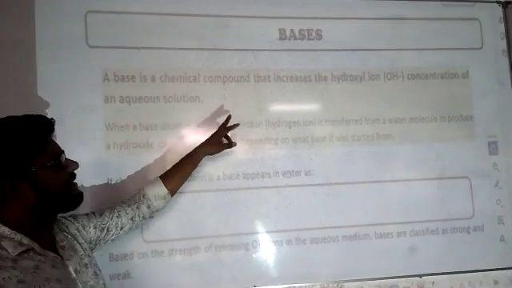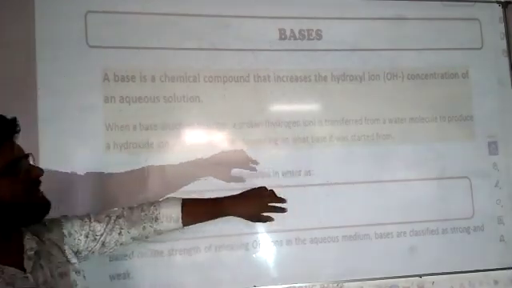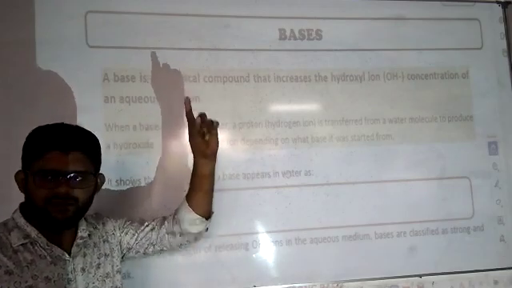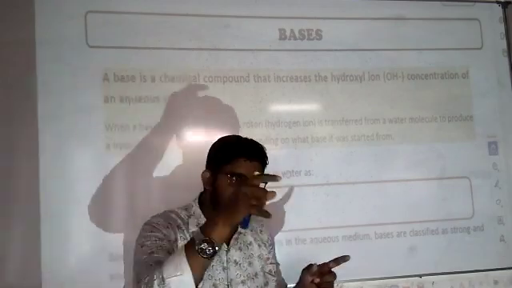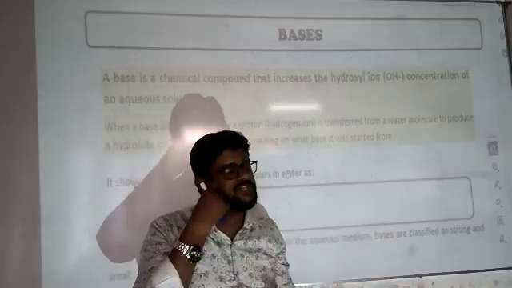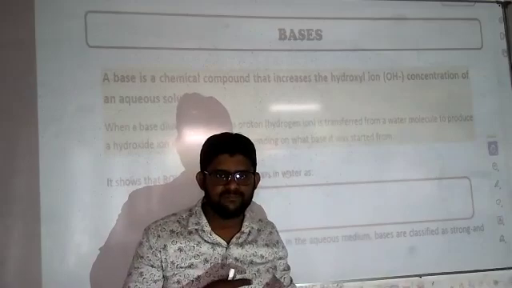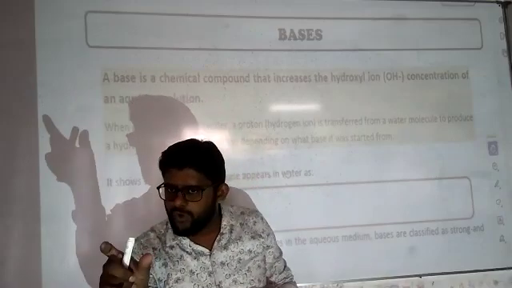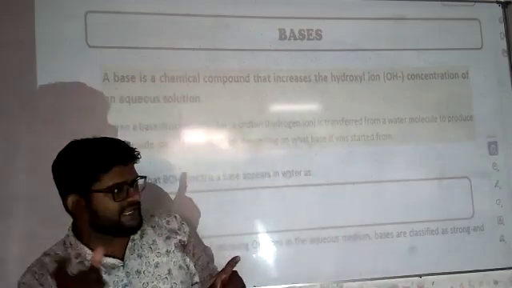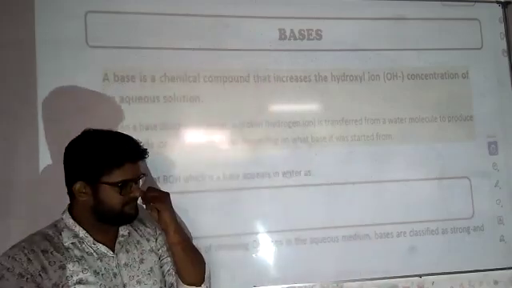So here, what happens when a base dissolves in water? A proton is transferred from a water molecule to produce a hydroxide ion. Earlier we learned that H plus combines with H2O to make H3O plus. A proton is given to H2O in acids.